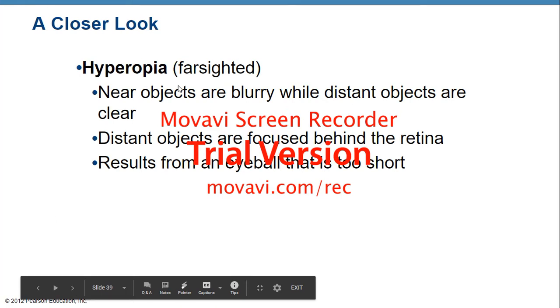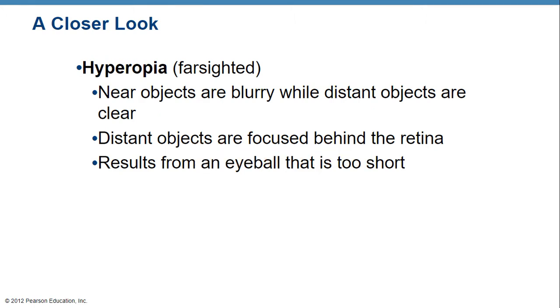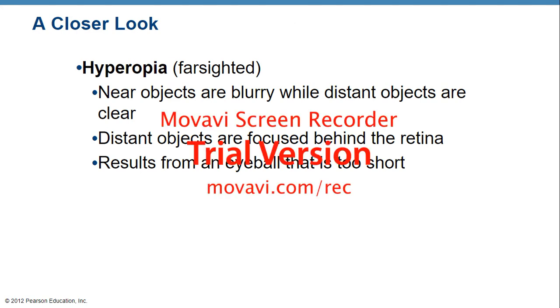Hyperopia, you are farsighted, meaning that you can see objects far away, fine, but near objects are blurry. Okay, so near objects are blurry while distant objects are clear. Distant objects are focused behind the retina, resulting from an eyeball that is too short.